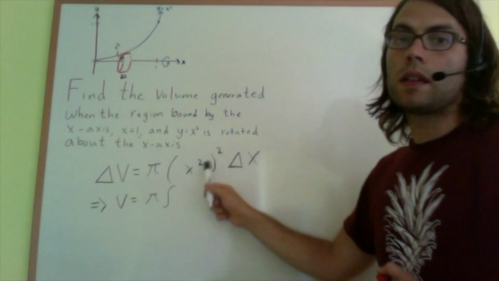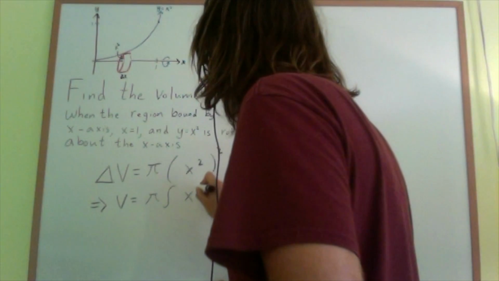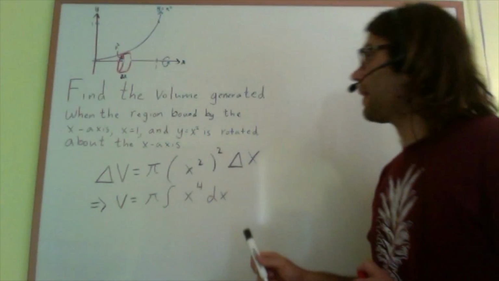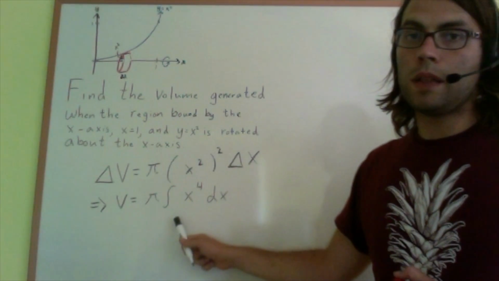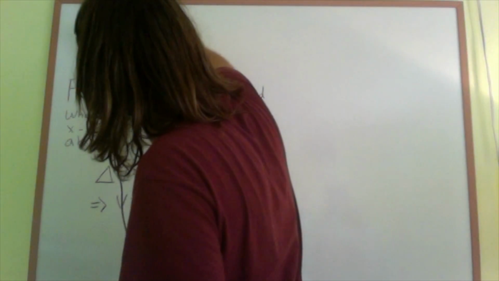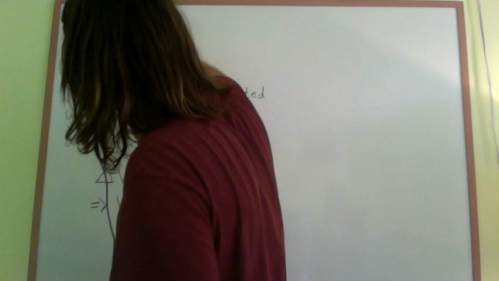X squared squared, that's x to the fourth, dx. And then the integral is from 0, because that's where y equals x squared intersects the x-axis, at 0, 0.